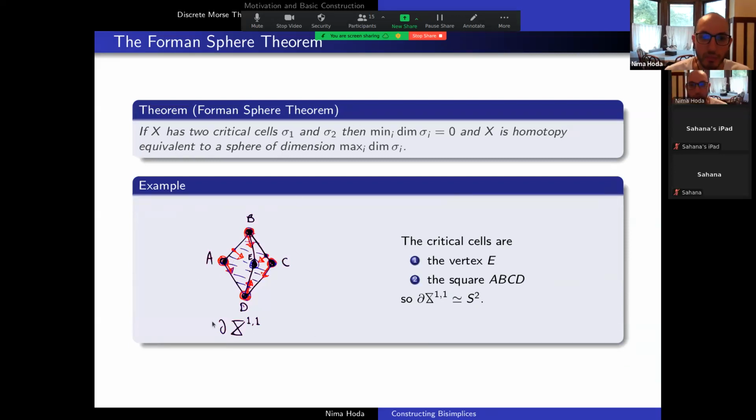This is the boundary of the 1-1 bisimplex, and the matching is indicated with the arrows. And we have exactly 2 critical cells. We have the vertex E and the square ABCD. So that's a proof that the boundary of the 1-1 bisimplex is homotopy equivalent to the 2 sphere. But of course, we can actually just see that it's homeomorphic to the 2 sphere.